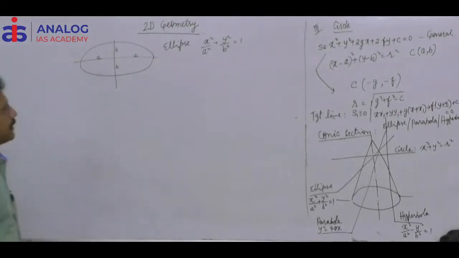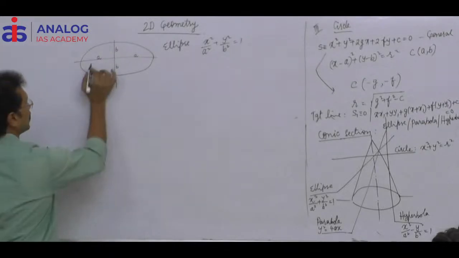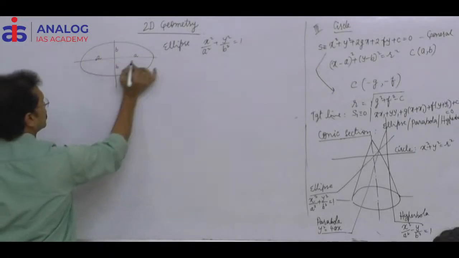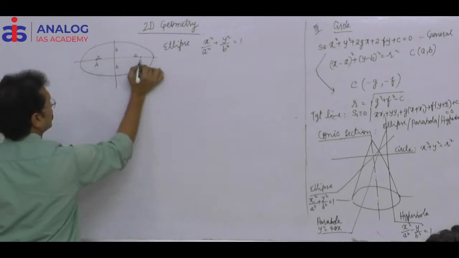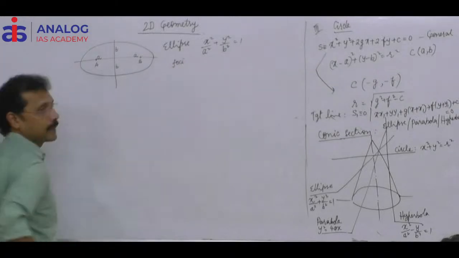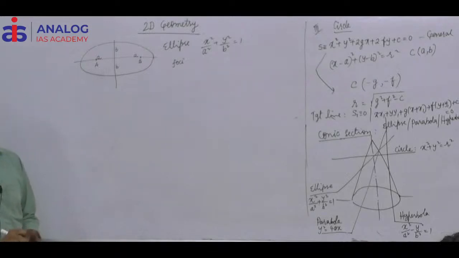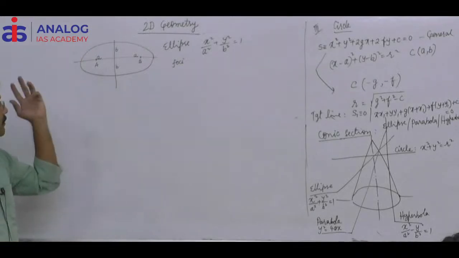Now the ellipse has two points here, suppose A and B, which are called foci. It has its own properties, but I am not going deeper into those properties.